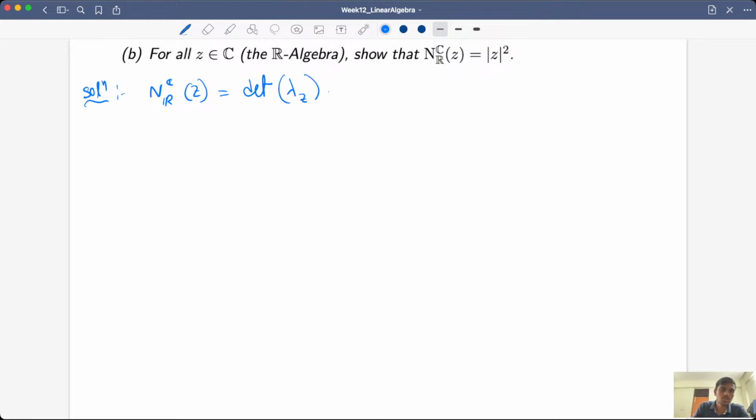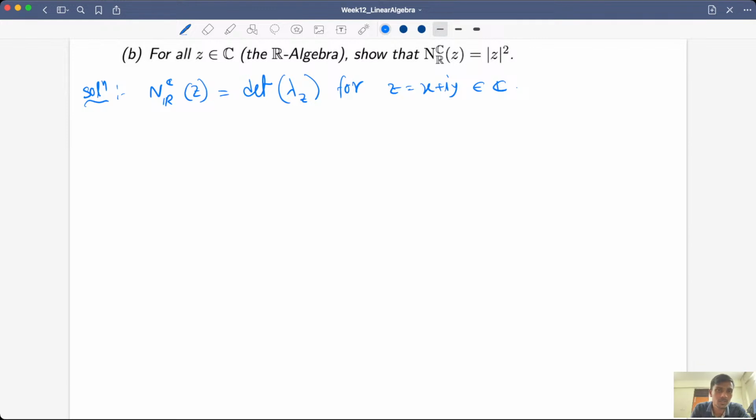Suppose z is a complex number, so let z equal x plus iy, belonging to C. Now what is the basis of C over R as a vector space?